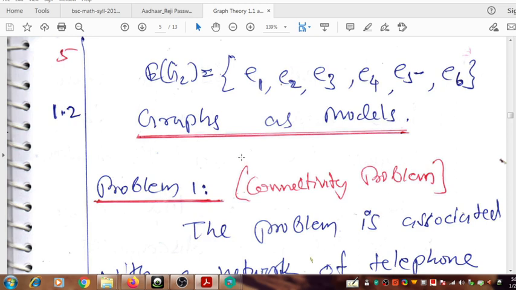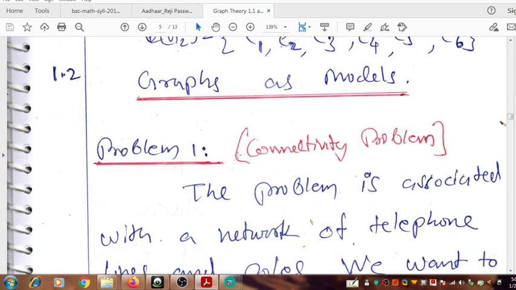Now we come to the second section of the first chapter, section 1.2. That section gets the title Graphs as Models. In some previous videos I have explained about the use of graphs as models in real life problems.